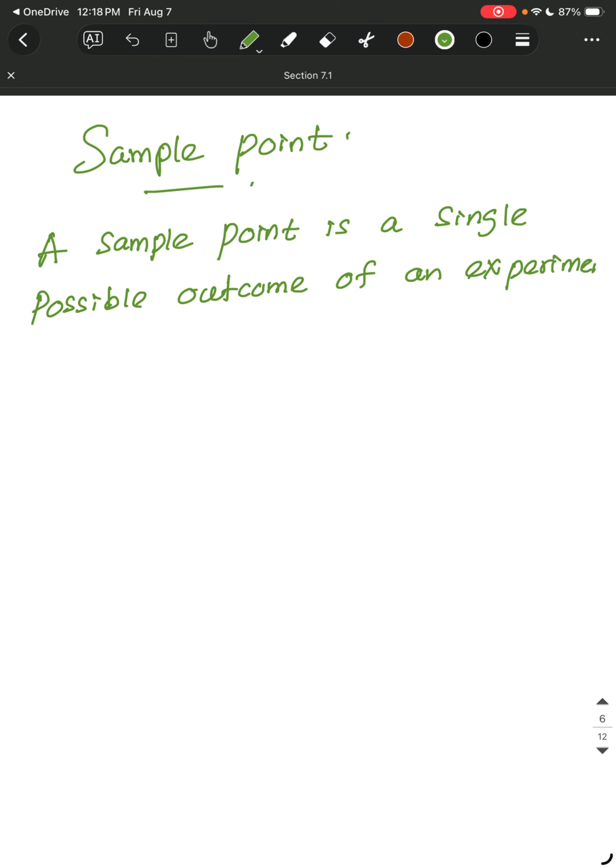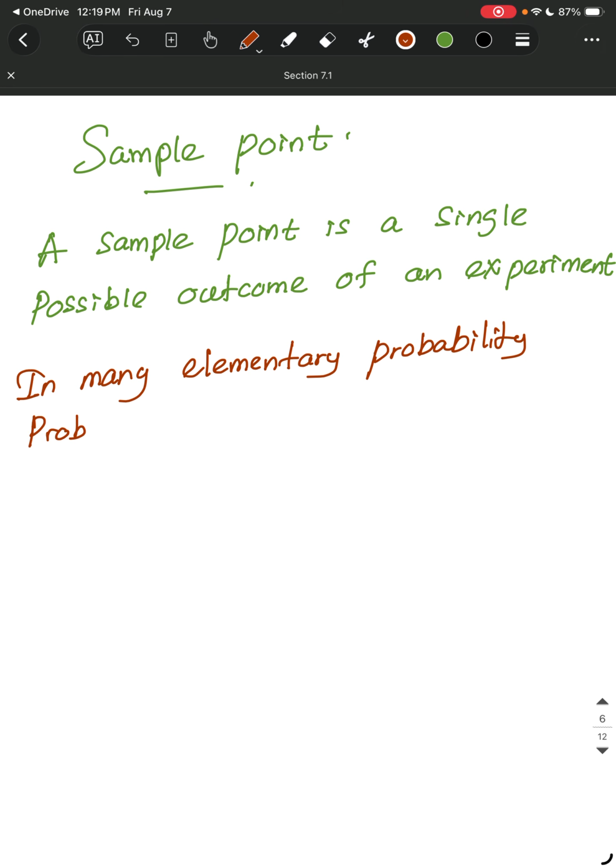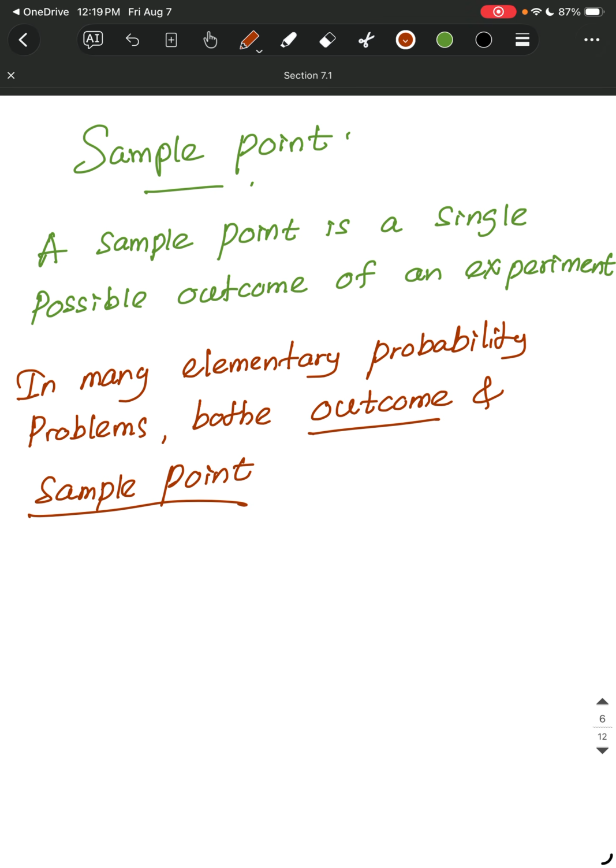In many elementary probability problems, the words outcome and sample point refer to essentially the same idea.